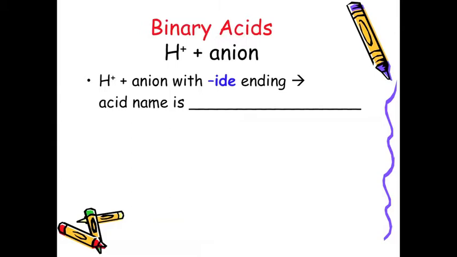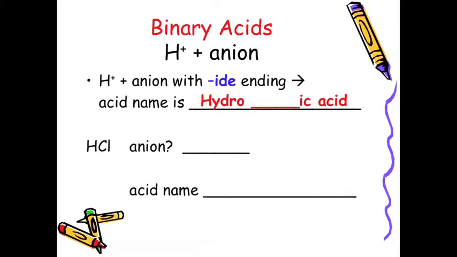Binary acids are just two elements combined together to make an acid. H plus an anion with an "ide" ending means that the acid name is hydroblankic acid. What goes in the blank is the root word for whatever acid you have. So HCl, the anion is chloride.